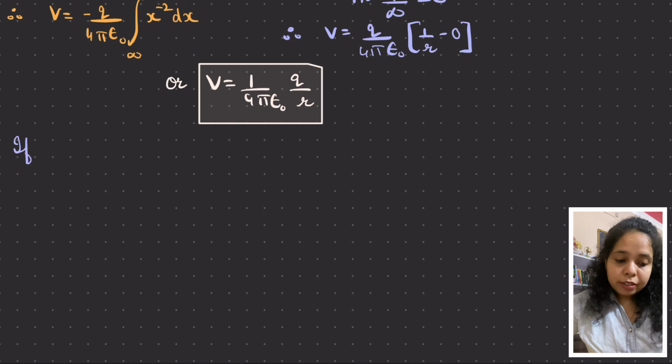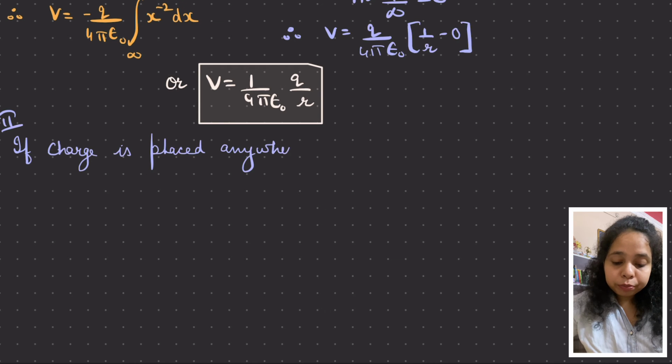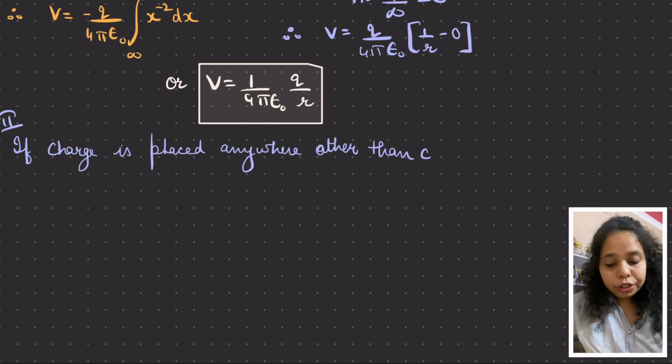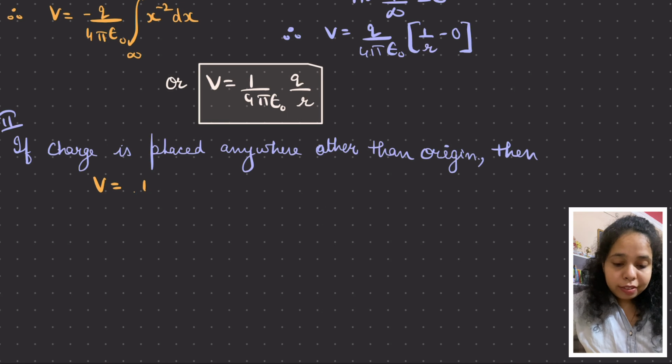And now we will consider the case that if the source charge is placed anywhere instead of being placed at origin. So if charge is placed anywhere other than the origin, here in this case we have V is equal to 1 upon 4 pi epsilon naught Q upon the distance between the source charge and the point charge.